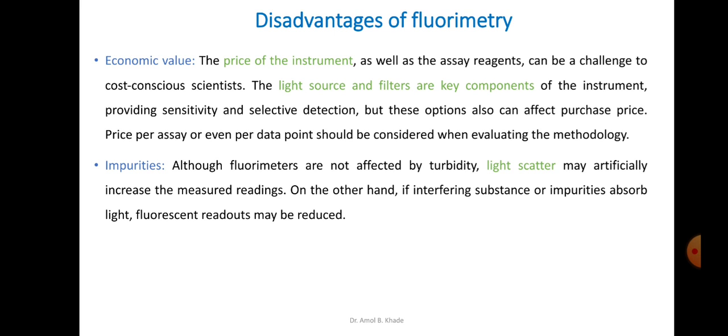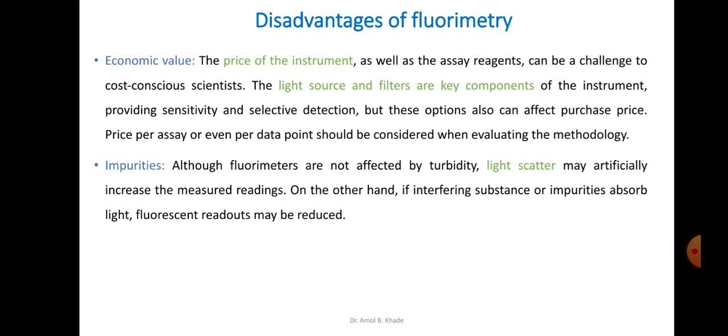So if impurities are present in your sample, if they are non-fluorescent, they will not have any effect, but if they are a particulate matter, they may scatter the radiations, and that will create a problem in your final reading.